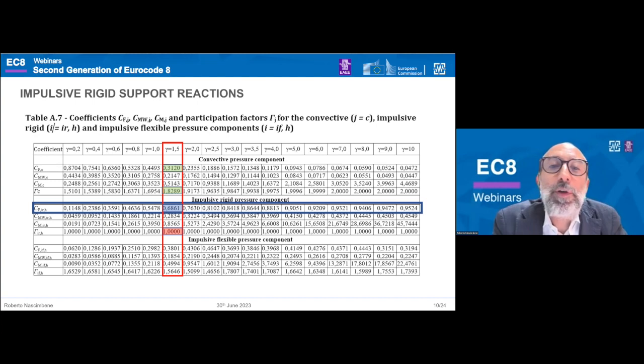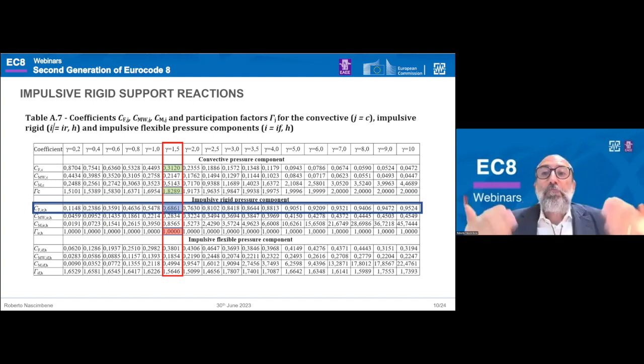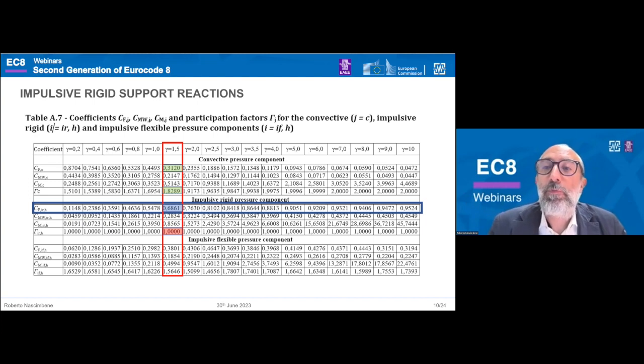I suppose here a slenderness coefficient of 1.5. We enter there and we can simply say that we wanted to evaluate the impulsive rigid component, coefficient CF, that corresponds to a value of 0.6861 and a participation factor of 1 for the impulsive component.